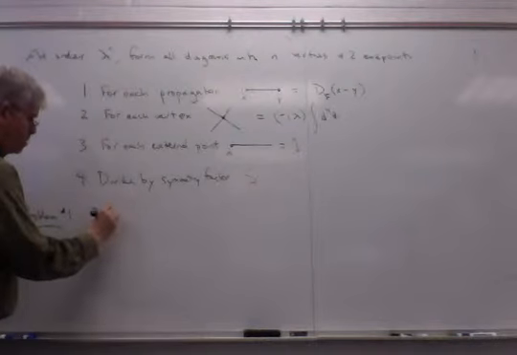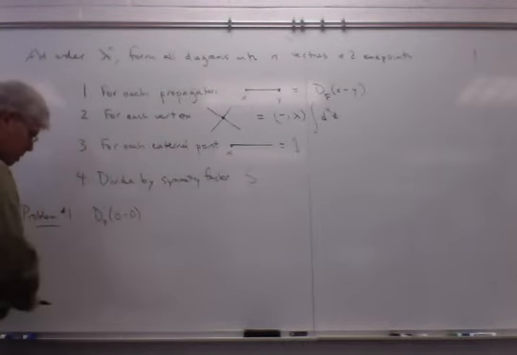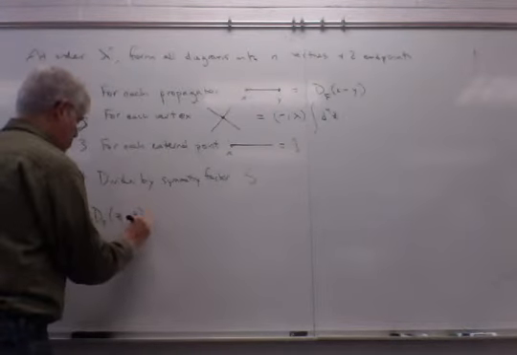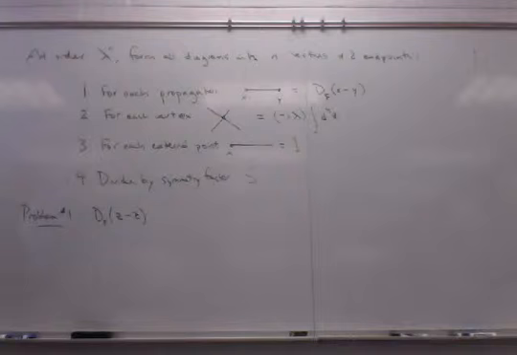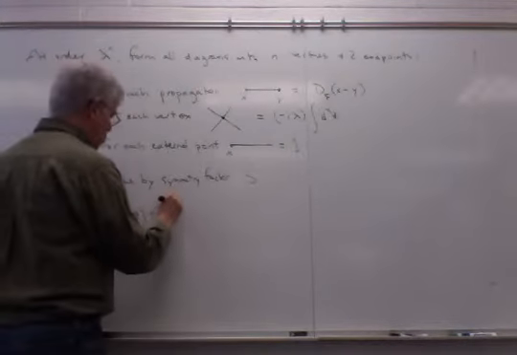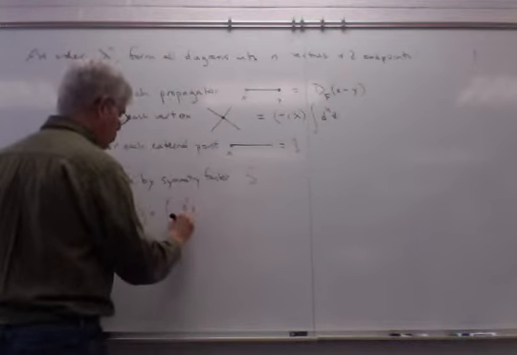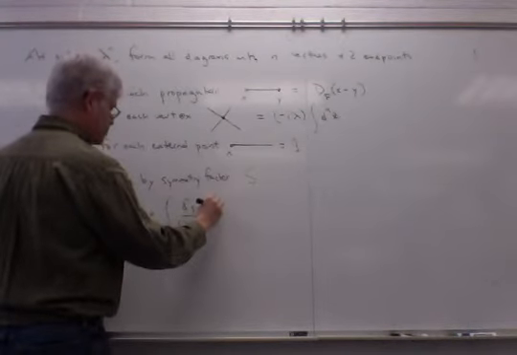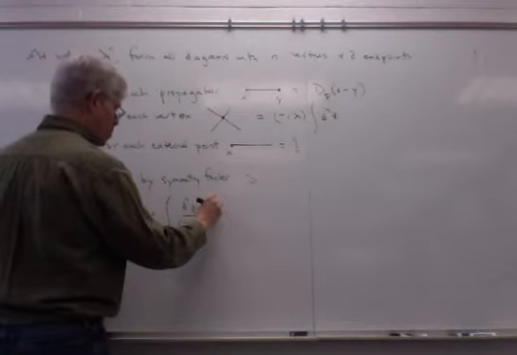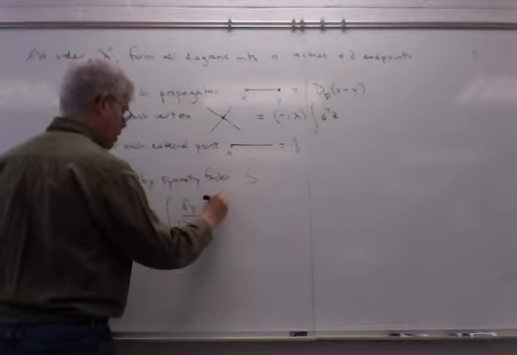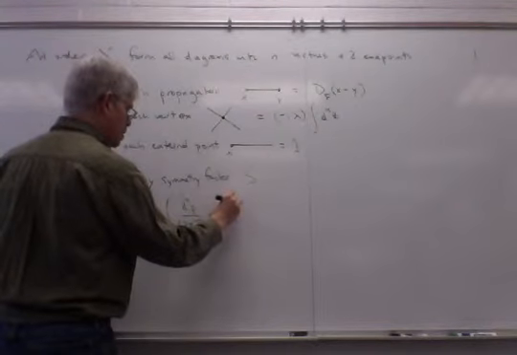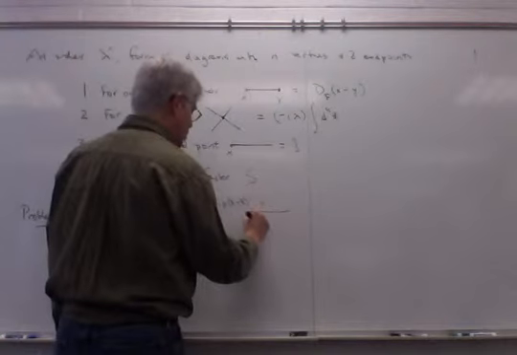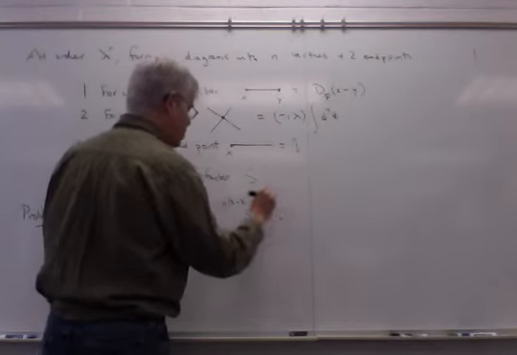DF of 0, or z minus z, is the integral d4p over 2 pi to the 4th, e to the minus ip dot (z minus z), and then i over p squared minus m squared plus i epsilon.